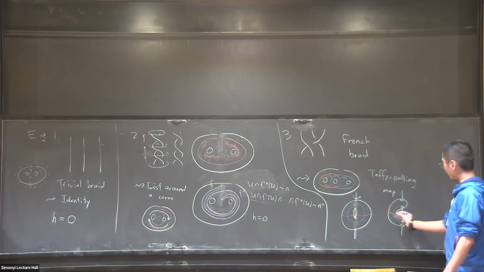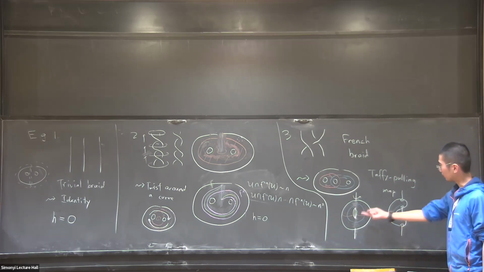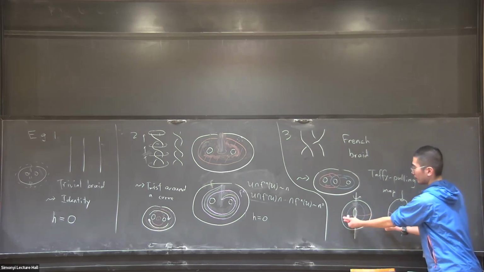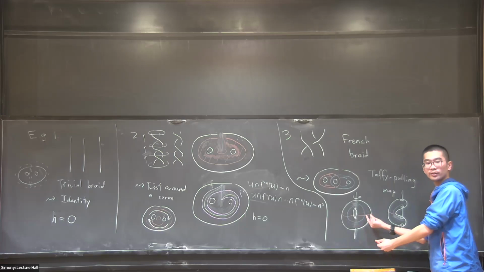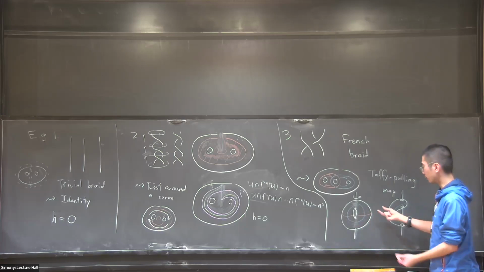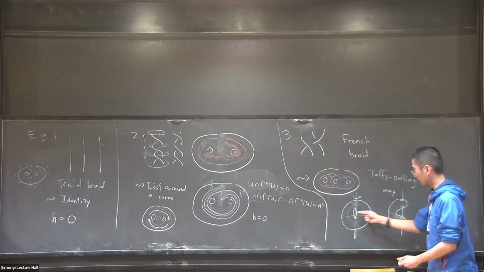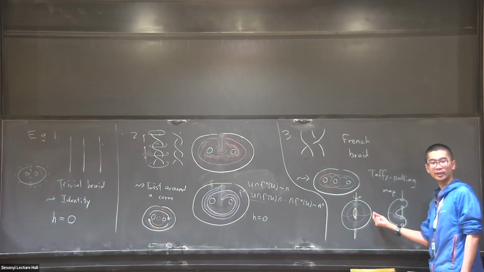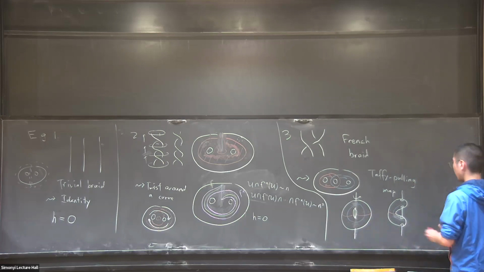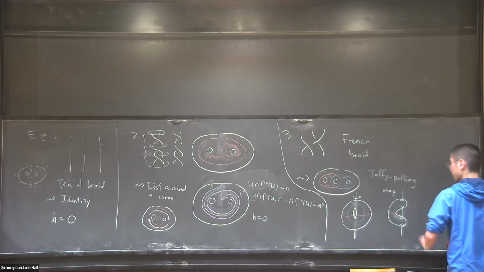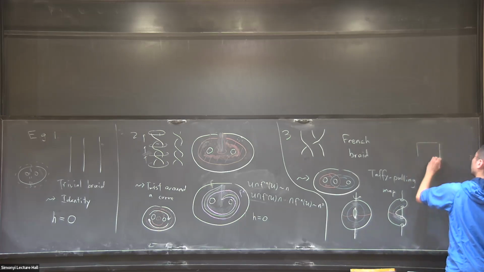So if you did a half twist along the red thing, when you lift it, you're going to do half a twist on this red, half a twist on this red, and so they will combine to give you a full twist on a curve of this homology class. And now you can identify the torus with the unit square with opposite sides identified.